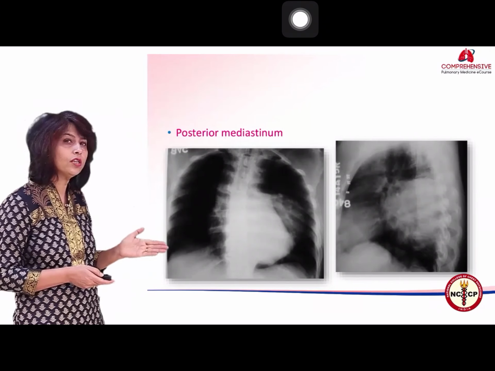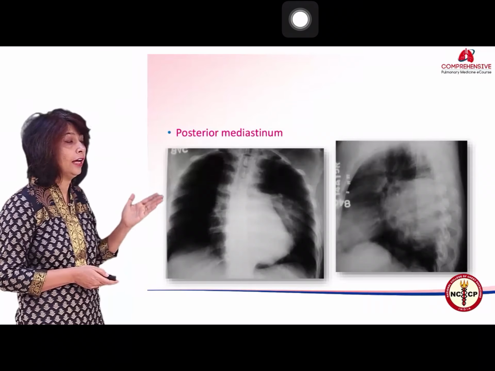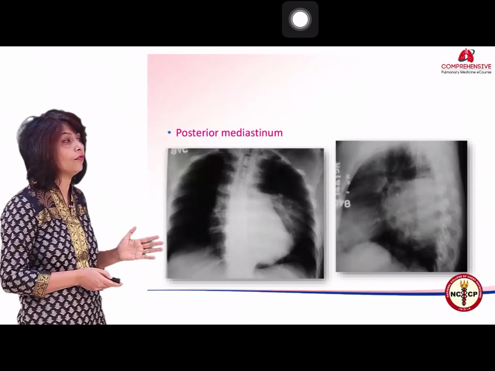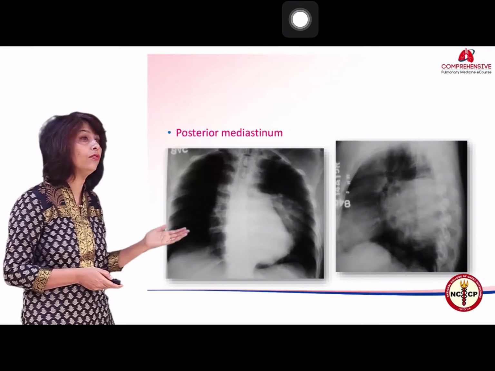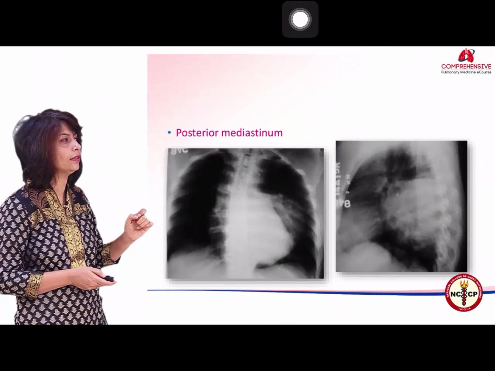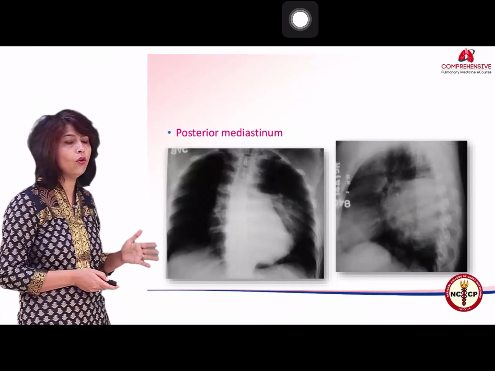Was the silhouette sign correct if we used it on the frontal radiograph? Yes, it was, because you can see the left heart border very clearly. Is it a good frontal radiograph to comment on the silhouette sign? In this particular case, no, because it's really over penetrated.